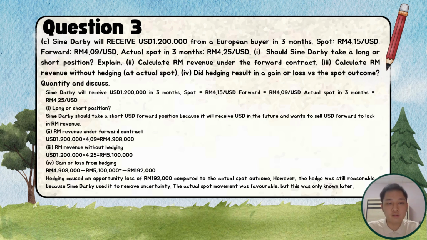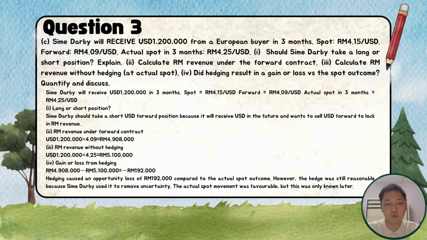The forward rate is RM 4.09 per US dollar, so the RM revenue under the forward contract is USD 1,200,000 multiplied by RM 4.09. This gives RM 4,908,000.